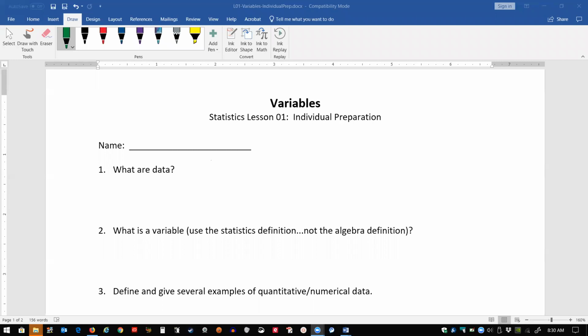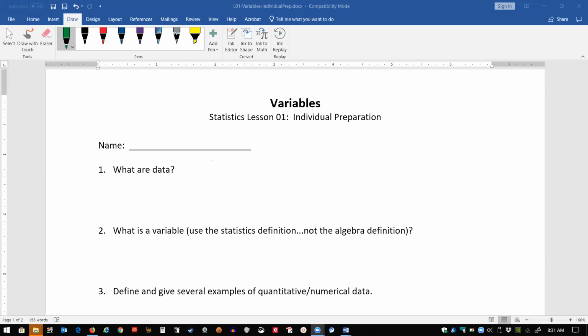Hello, everyone. In this lesson, we're going to focus on one of the key principles for designing a study. Before we can actually make a good quality study, we have to have a good understanding of what data we're interested in. What characteristics of our population are we really interested in?